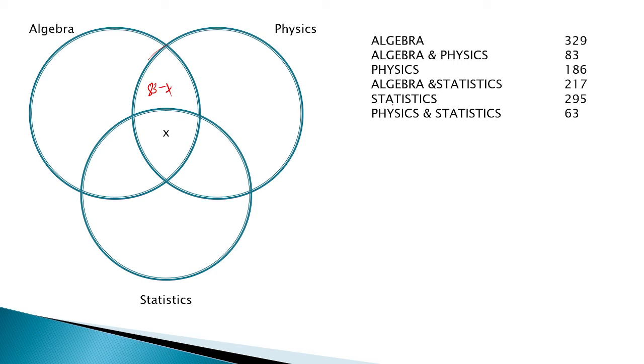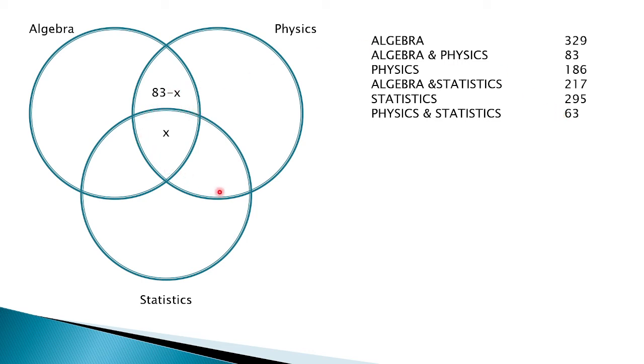Next, kunin natin yung sa next side naman. We have algebra and statistics. So, tama ba? Yung ba yung sinunod ko? Burahin ko na to kasi sinunod ko naman yan. Ayan, physics and statistics pala muna. So, yung physics and statistics natin, this whole region of our Venn diagram, the intersection of physics and statistics, that is the 63 students.